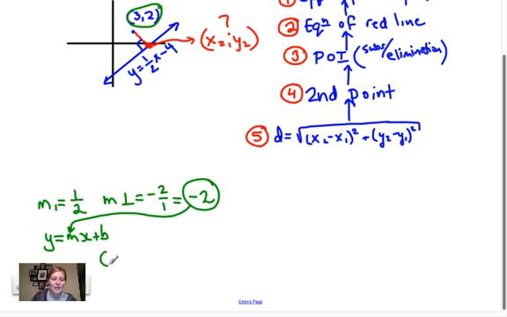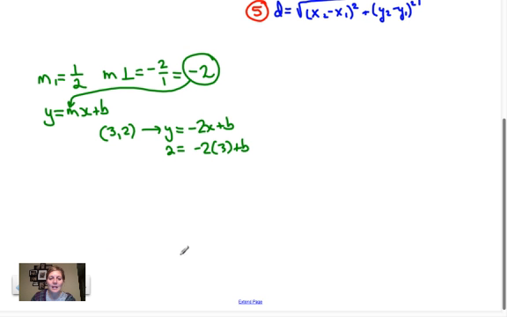Okay, so I'm going to plug in the point 3, 2 into y equals mx plus b, actually y equals negative 2x plus b, and we're going to see what happens. So the 2 goes where the y is, the 3 goes where the x is, and we end up with 2 is equal to negative 6 plus b, and solve for b.